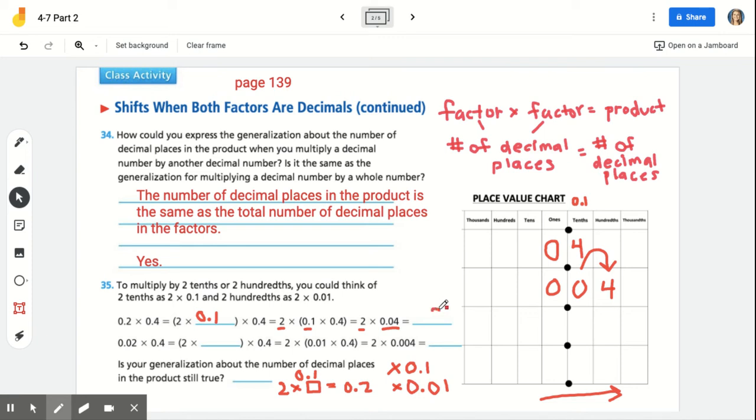I'm going to move it over here a little because our next step is going to be counting how many decimal places. How many decimal places are there in our factors? 1, 2. 2 decimal places over here. So how many decimal places for our product? 2. Starting with the digit 8, how do we turn 8 into a number with 2 decimal places?